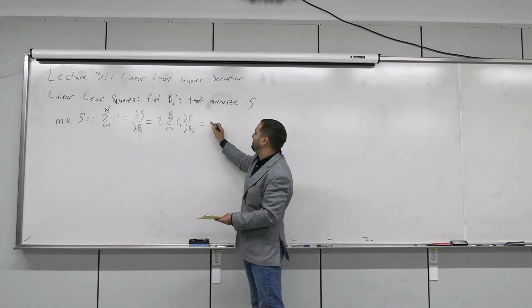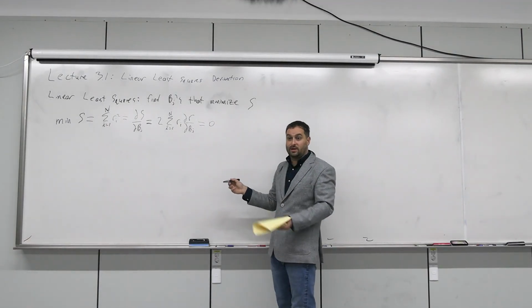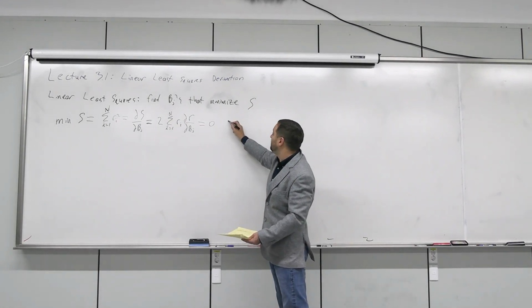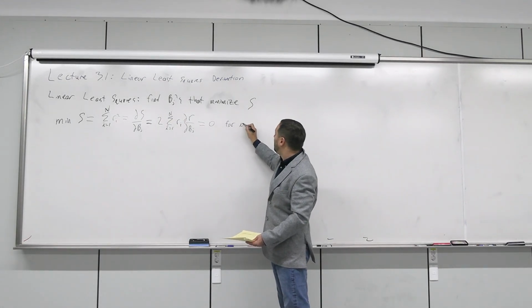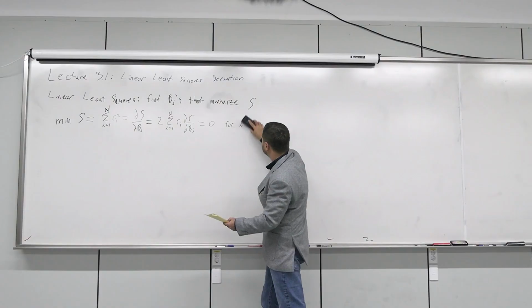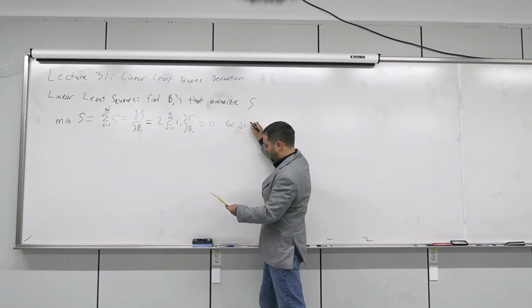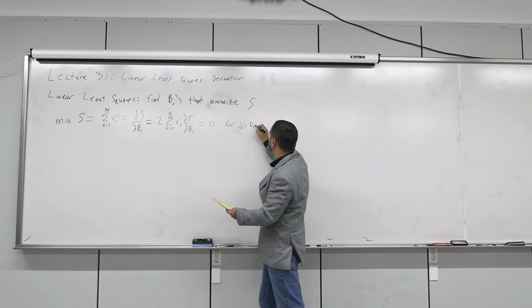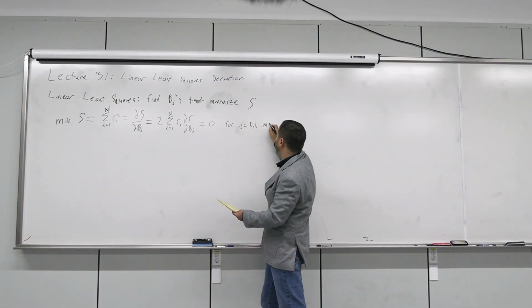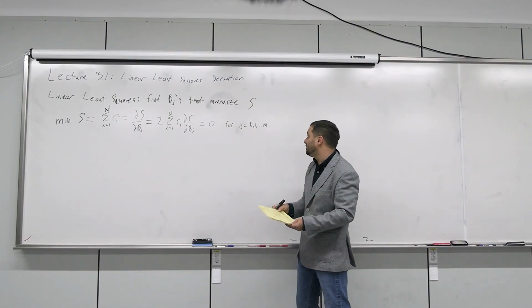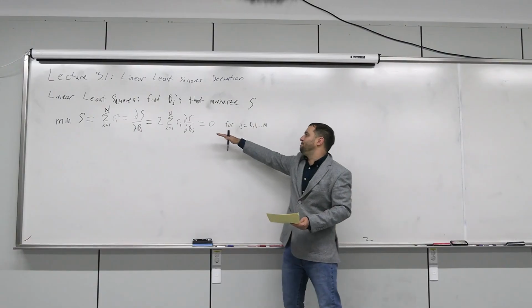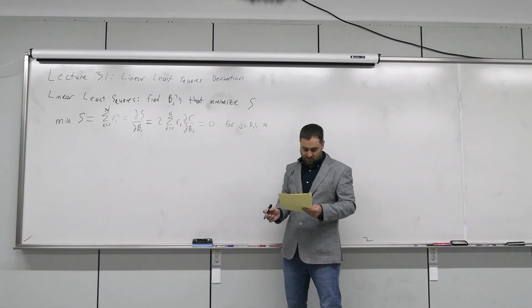And then we set this equal to 0 because we're doing a minimization problem, and this is for j equals 0, 1, all the way to m for each one of our coefficients. So we're actually going to have m plus 1 equations.